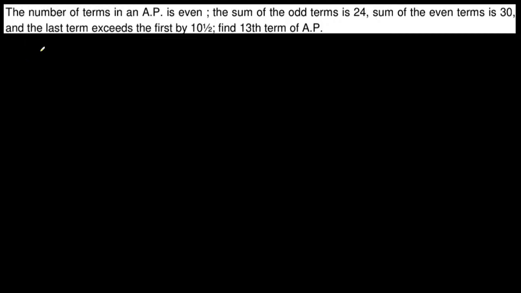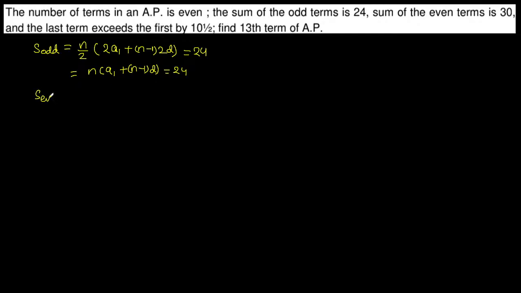The sum of odd terms is n by 2 (2a1 plus (n minus 1) into 2d), which is equal to 24. Going further, n (a1 plus (n minus 1) into d) is equal to 24.